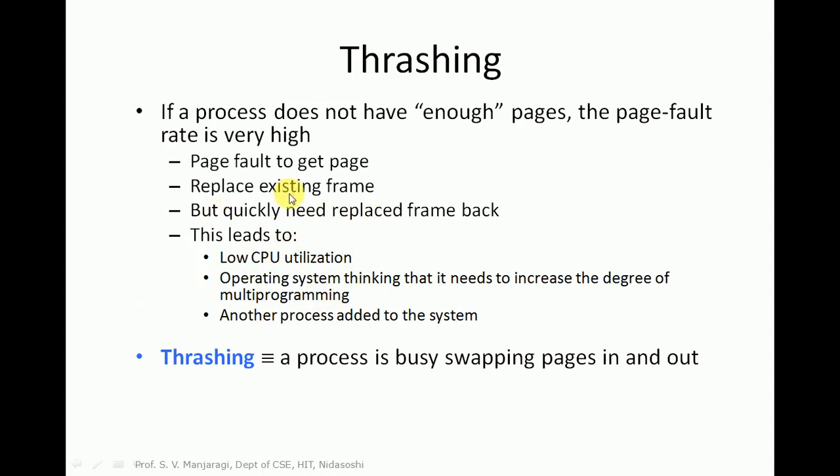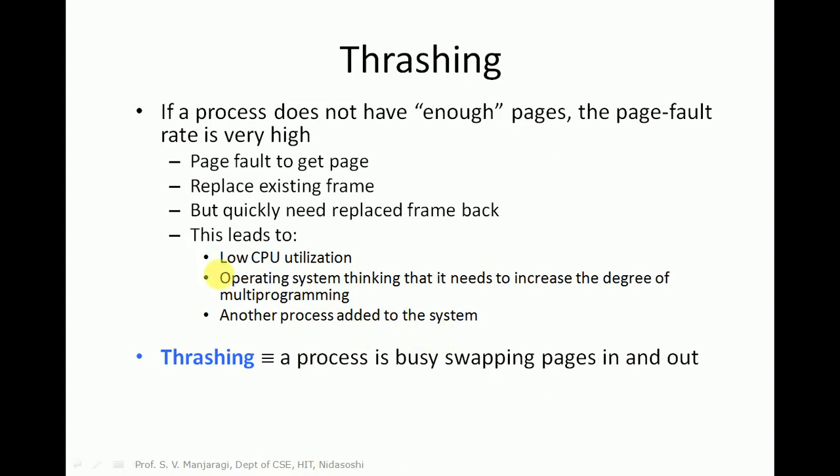Now let us understand what thrashing is. Whenever we try to increase the degree of multiprogramming, it means whenever you try to execute more programs in less time, the more programs we bring into the memory, the more page faults occur, which leads to more page replacement.